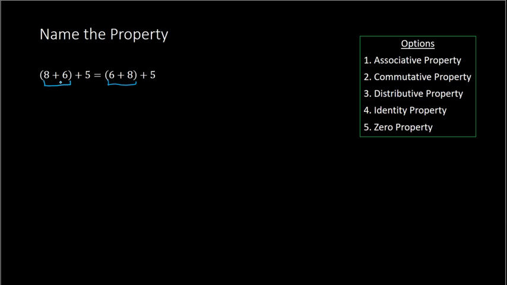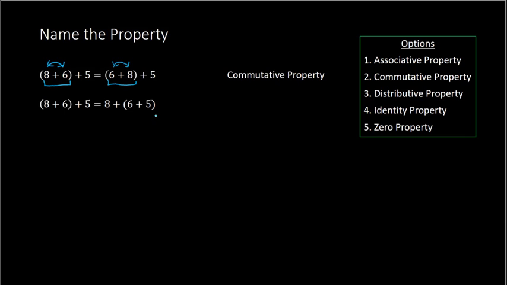In the first parentheses, we have 8 plus 6. Second parentheses, we still have an 8 and a 6. So the grouping is not changing. What is changing is the order of the addition. We're moving the numbers around. So the movement of the numbers, that is your commutative property. That'd be option number 2. So any movement of the numbers like that is commutative property.